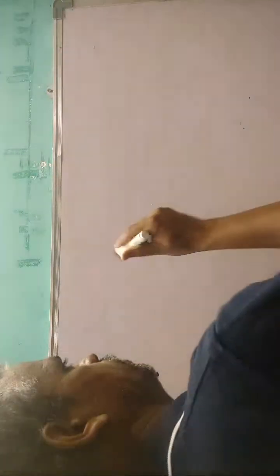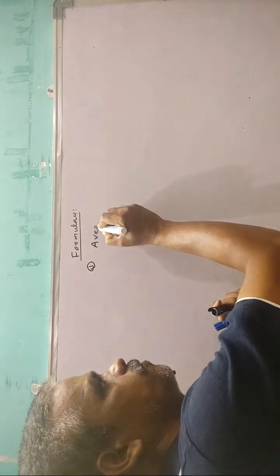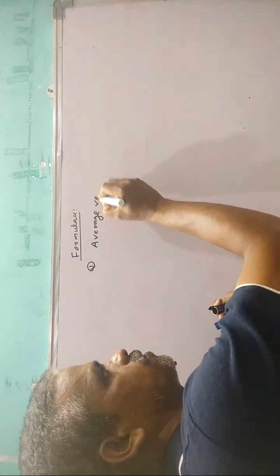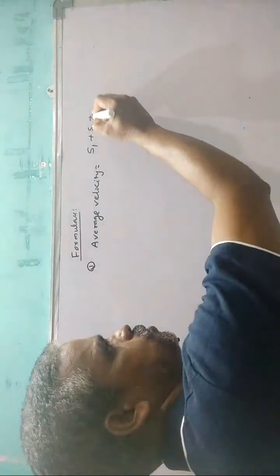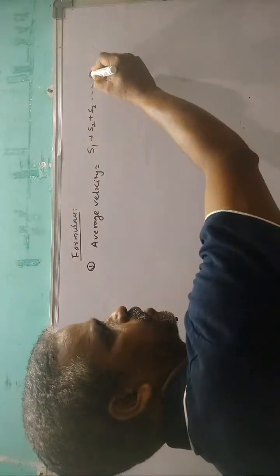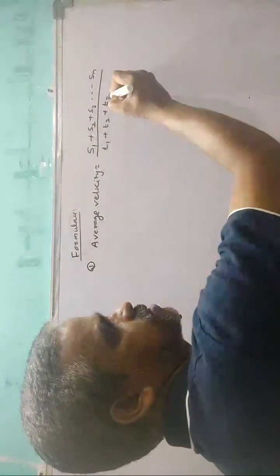First one, average velocity equals S1 plus S2 plus S3, if more displacements are there, up to Sn, divided by T1 plus T2 plus T3 up to Tn. This is the one formula.